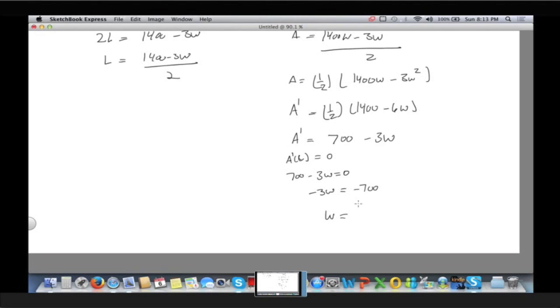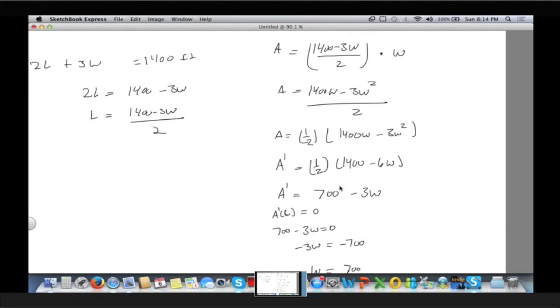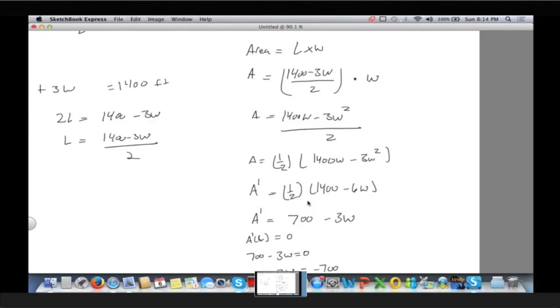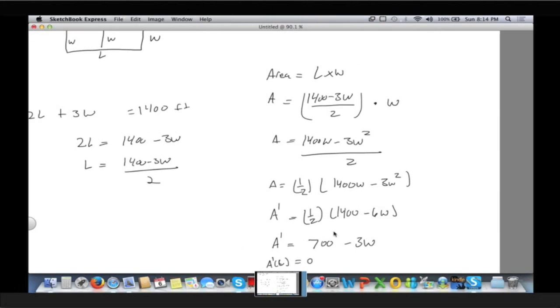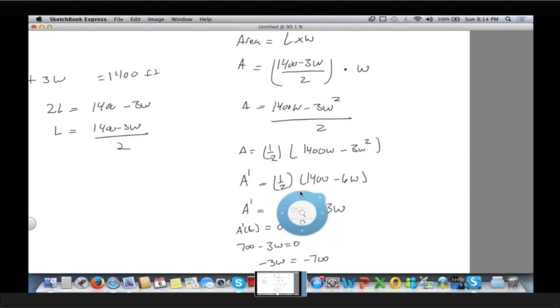Change this to a fraction. All right. I think I did this correct. I'll just double check real quick. Got that. I plugged it in. I brought this over. I distributed the W, 1400W, and it's 3W squared.